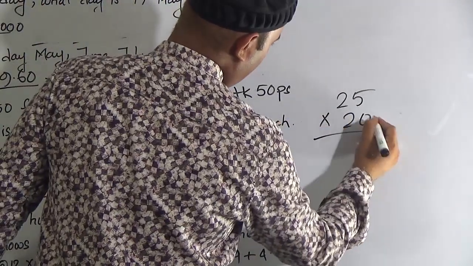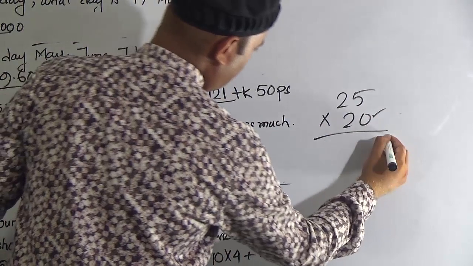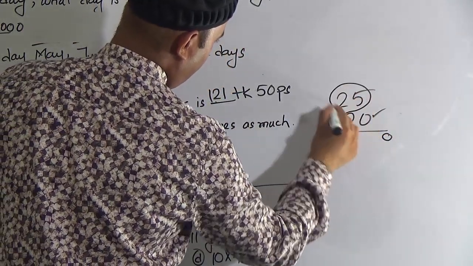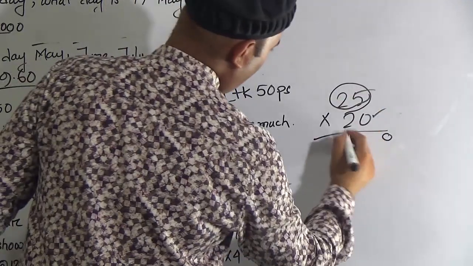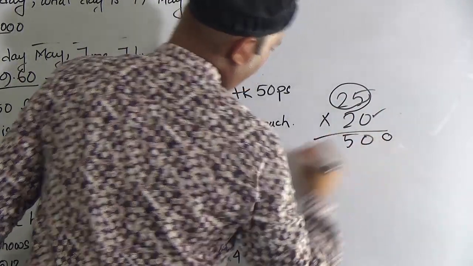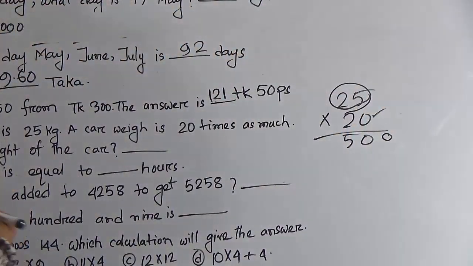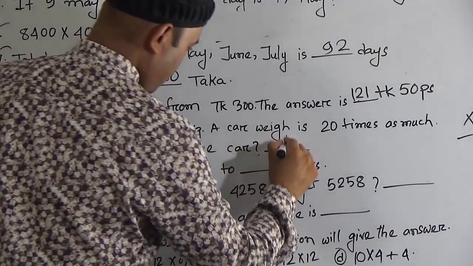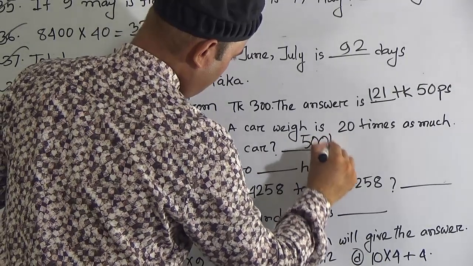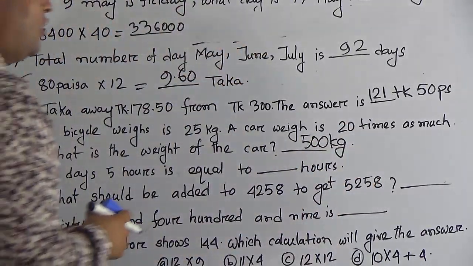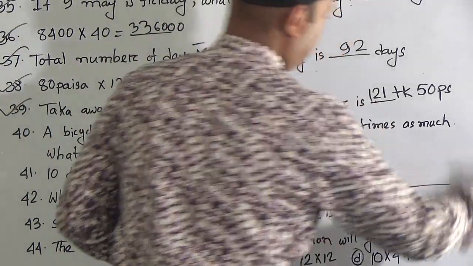And again look here, 0 is the ones place here, so we have to write 0 here, and 2 will be multiplied with 25, and we know that 25 twos are 50. So the weight of the car is 500 kilograms. Hope you understood this one.